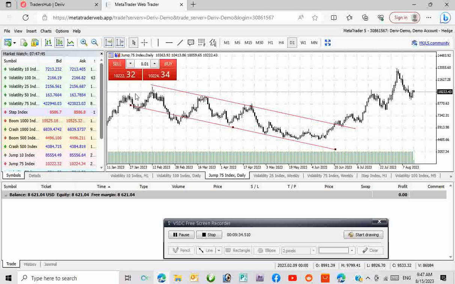As you can see, what we said with a downtrend, we said we've got lower highs and lower lows, lower highs and lower lows, right? As you can see here, it broke out. So the best thing is for you to trade using trend lines.